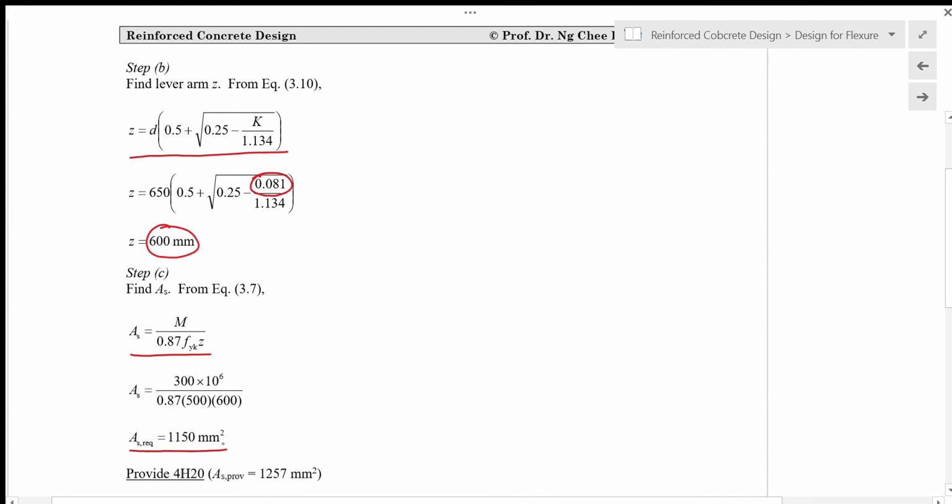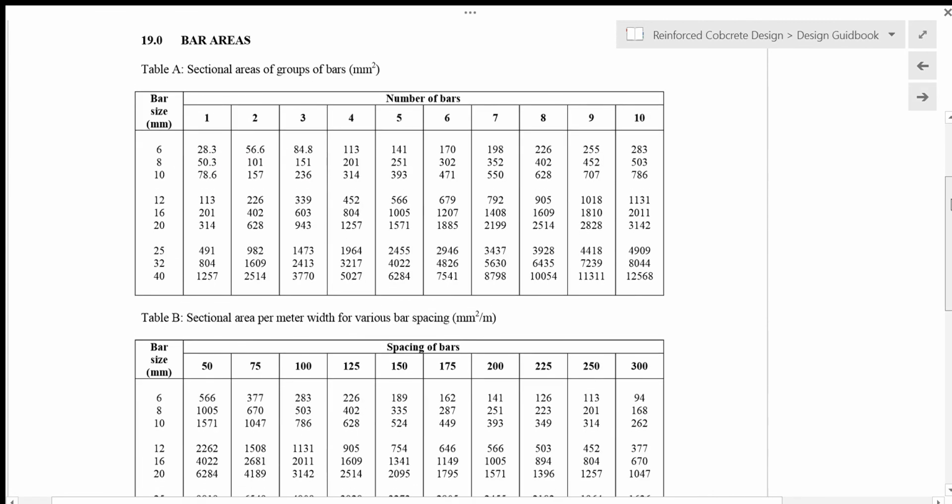So how do we design with this much steel? We refer to table A here in your design guidebook. This table gives us the standard bar size that we use in design of reinforced concrete.